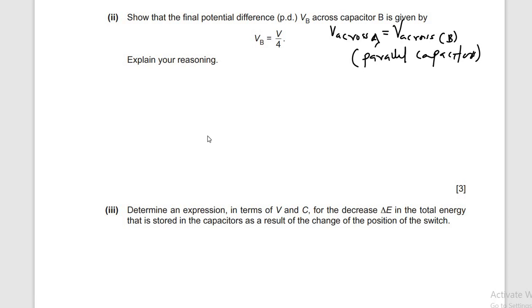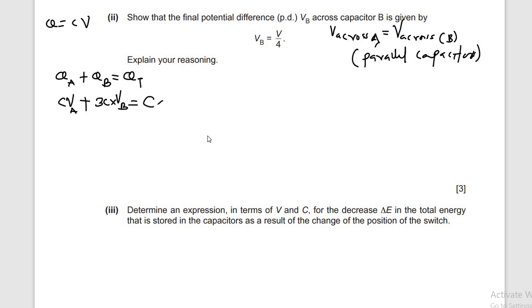So remember that charge at A plus charge at B will give us the total charge. What's the charge at A? CV. What's the charge at B? The formula for charge is CV. At B, the capacitance is 3C. So voltage at A, voltage at B, equal to total charge.